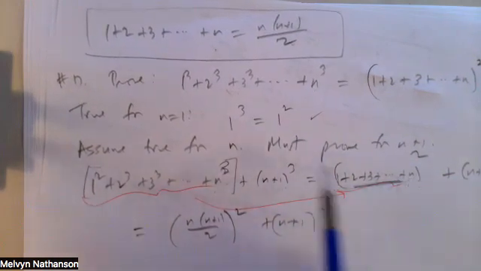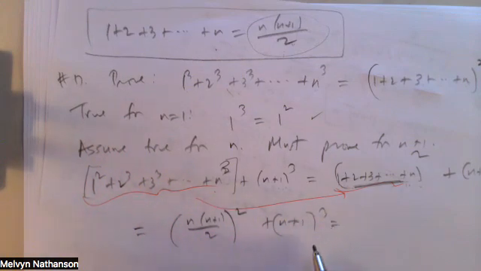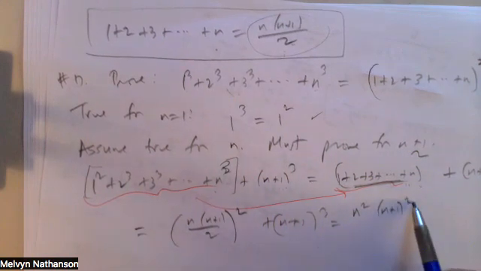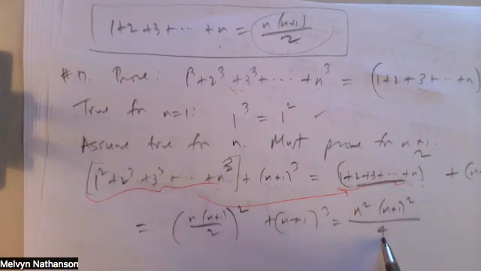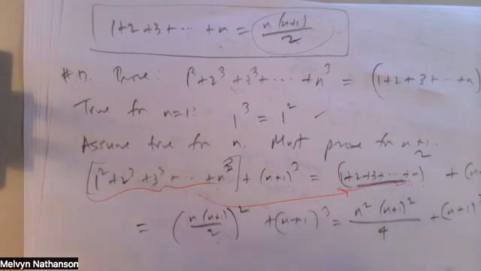I'm replacing this sum with this. And what is this equal to? This is equal to n squared, n plus 1 squared over 4, if I square this, plus n plus 1 cubed.